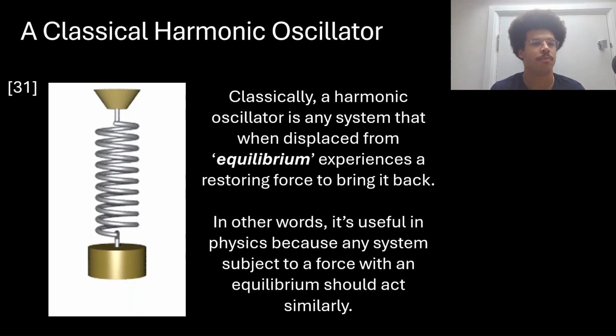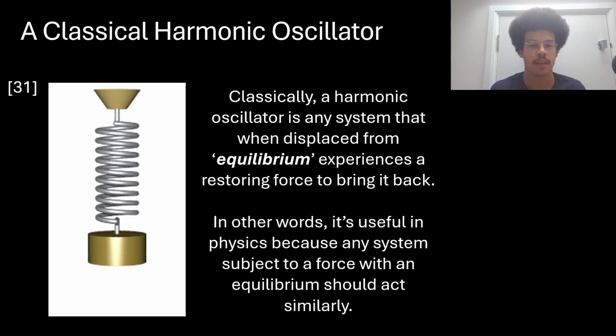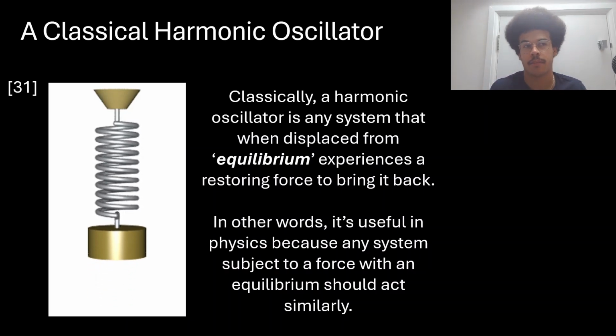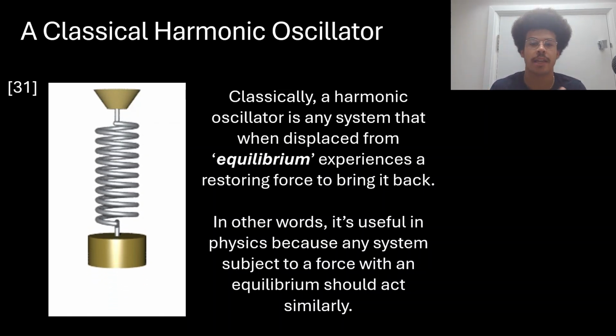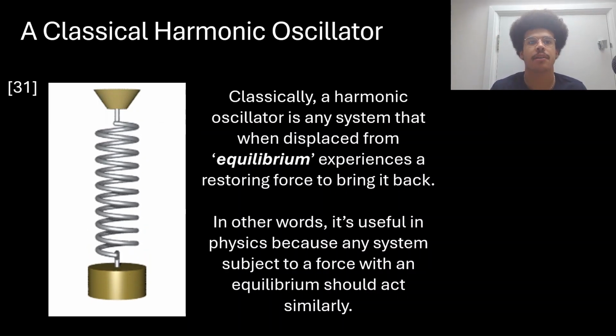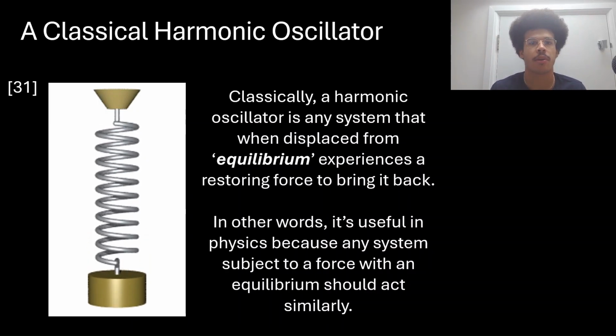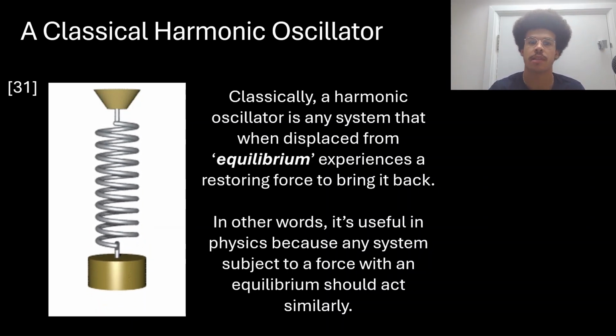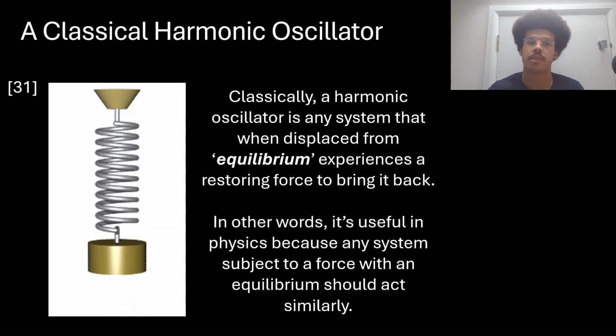And it's useful because in physics, anything that is subject to a force and anything that has an equilibrium that it wants to go back to, we can describe it like a harmonic oscillator, and we can use the maths and the intuition of harmonic oscillators and apply it to that specific problem.